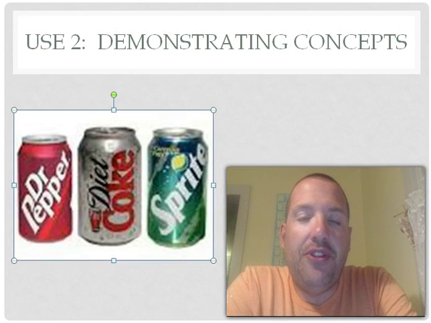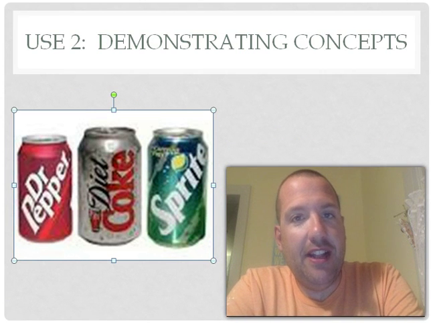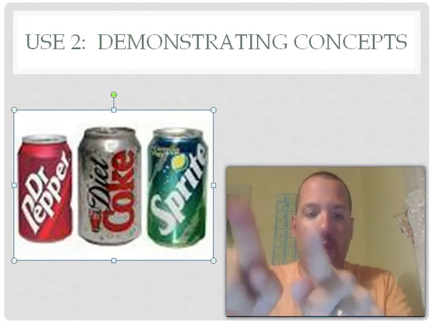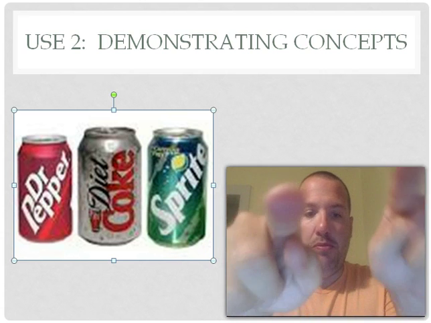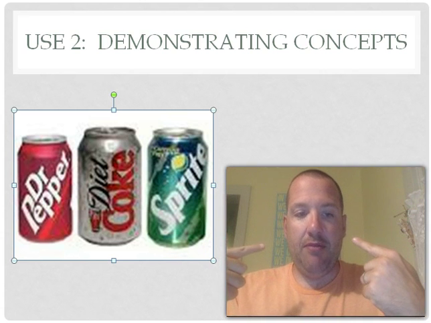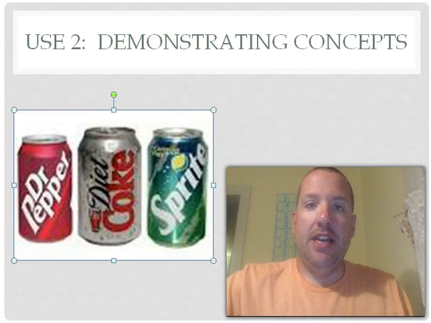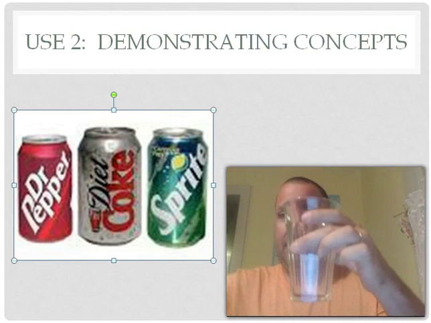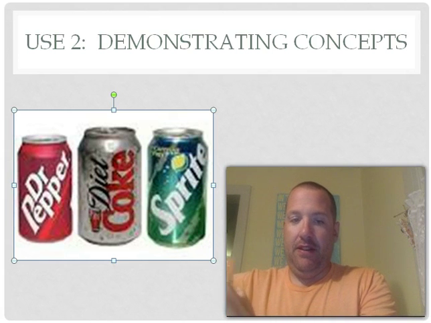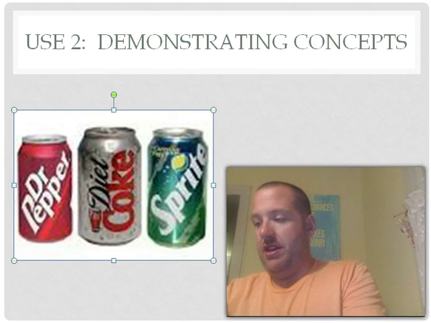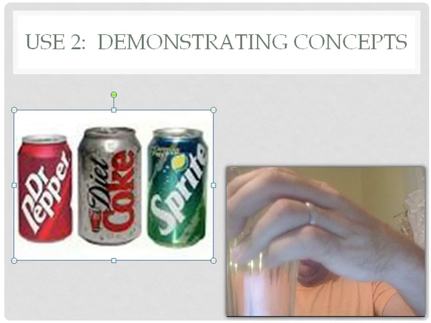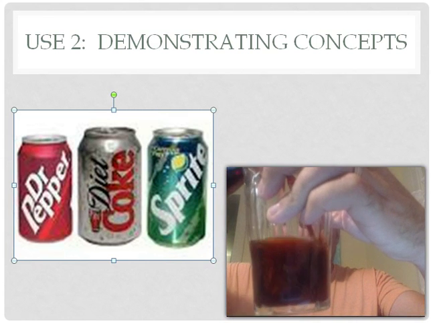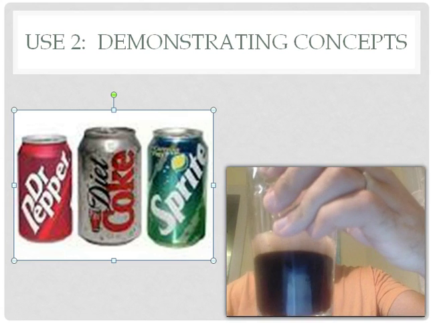A second use is that I could demonstrate concepts. Here we have the webcam on right there. There's me right here, smiling. And so what I could do is say, well, here's a glass, and here is soda, and we can go, look, soda fizzes. Why does soda fizz?